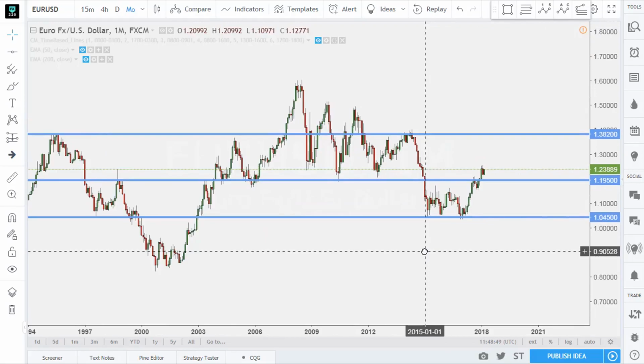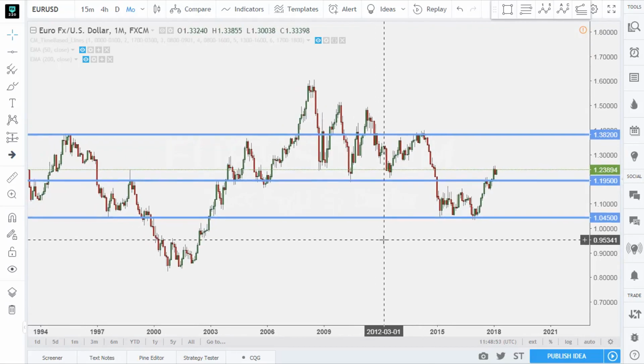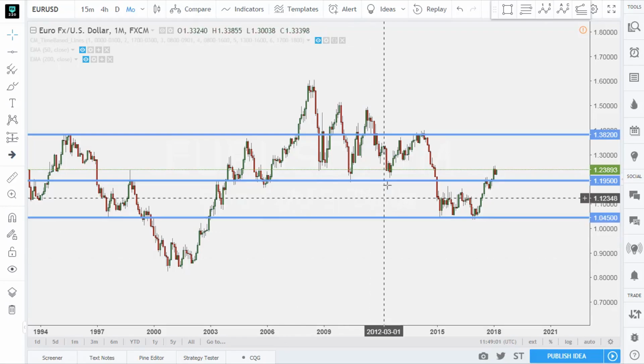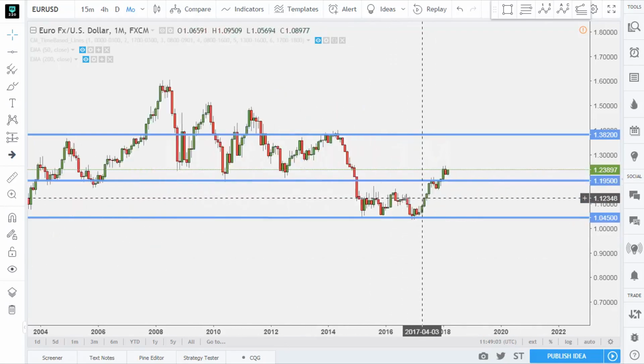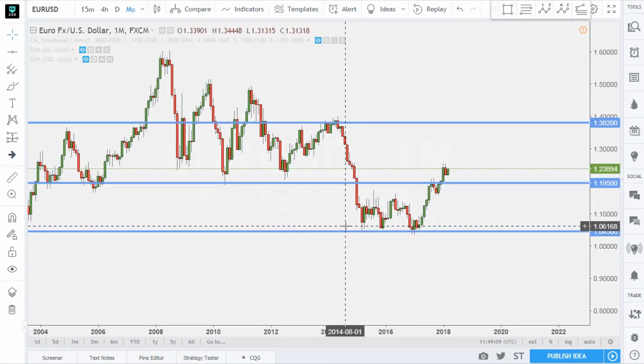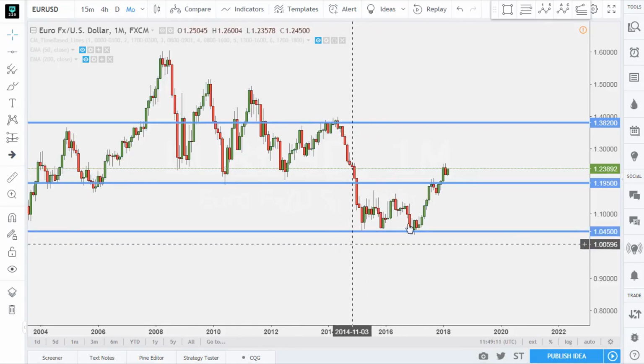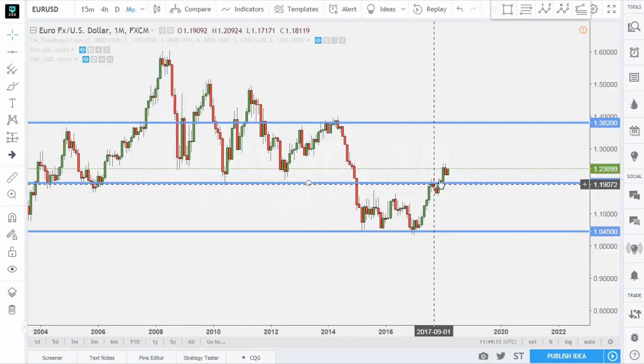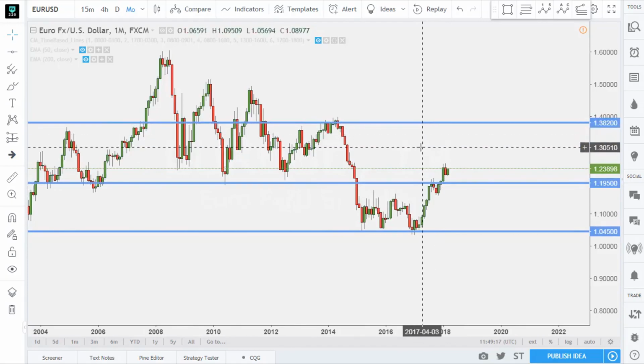As you can see, the chart is very clean. And you can now read price action better. As you can see, if price broke this support level, you expect it to go to the next support level, which is here. And if price breaks this resistance level, you know where your target would be.